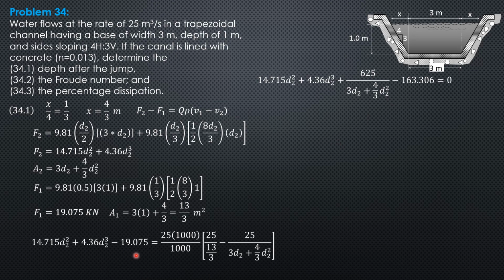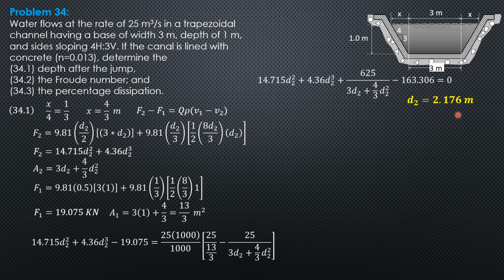Then negative 19.075 minus 25 squared over 13 over 3. That's negative 160.306 equals 0. So again, we can solve this by trial and error or by your high-tech calculator. Solving for d sub 2 by the high-tech calculator or by trial and error, it will take time.